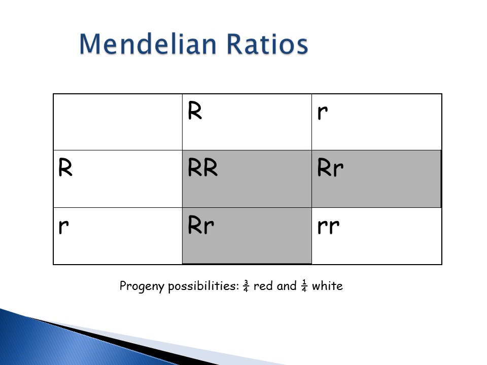So if this were the genotype for the red phenotype, 3/4 have a possibility of being red because three of them have the big R or red genotype. 1/4 is going to be white because that's little r, little r.